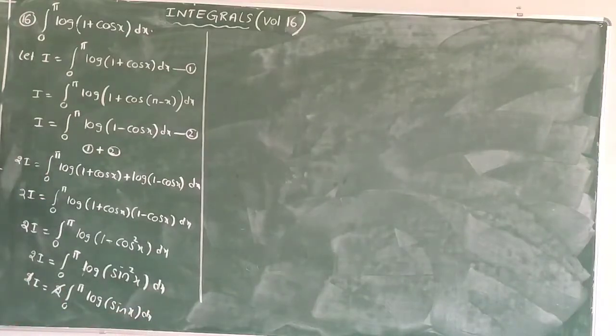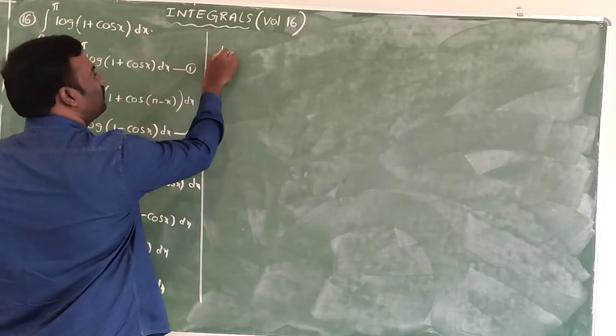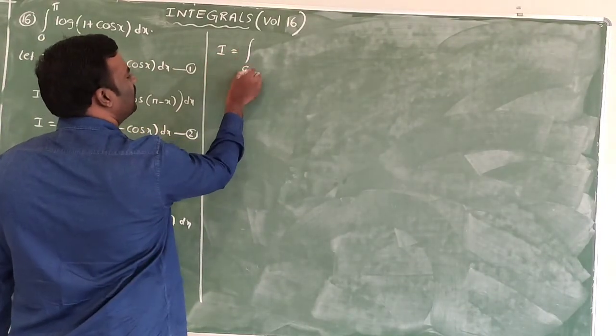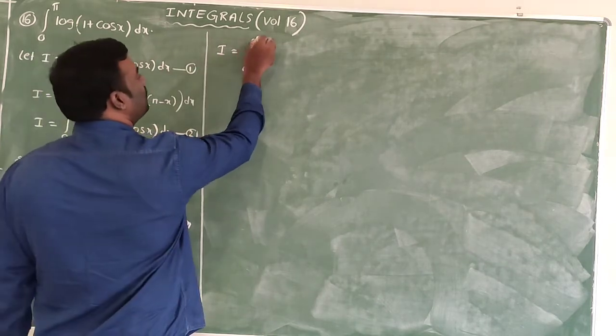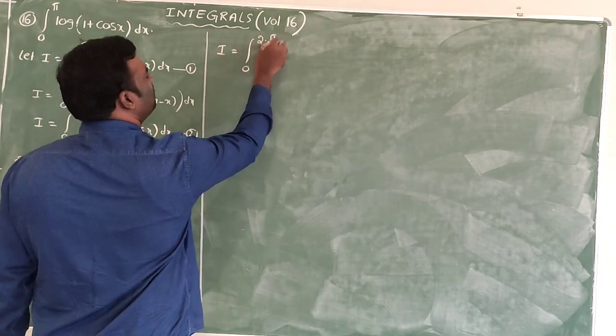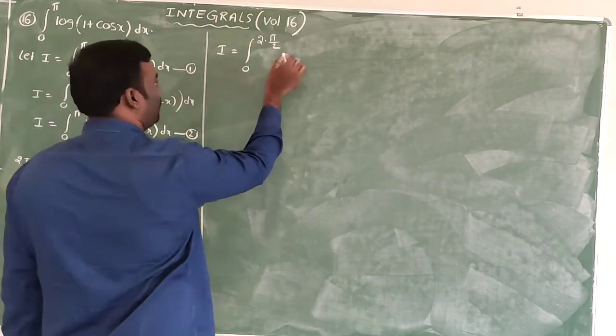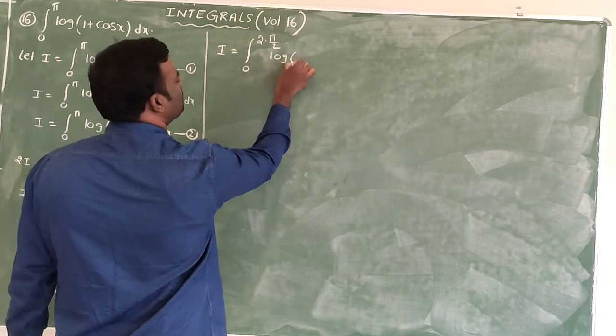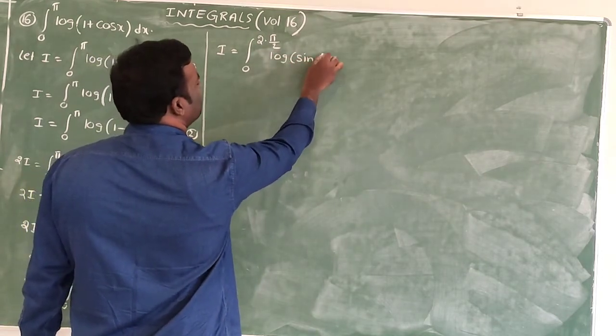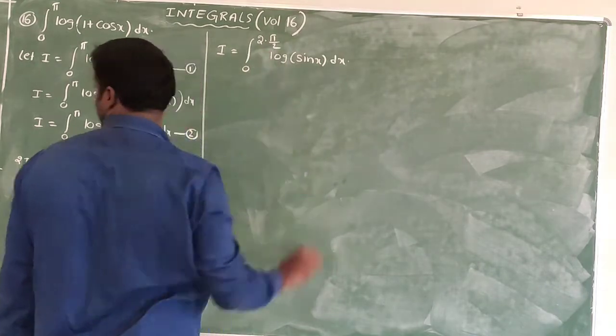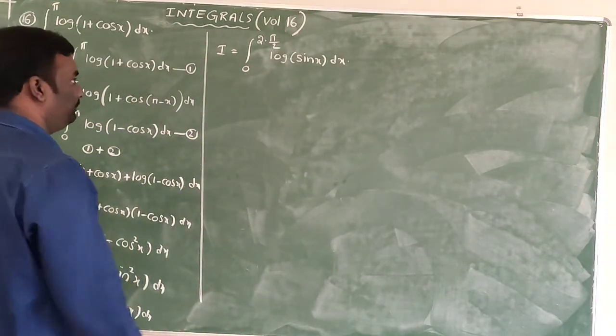Now 2 gets cancelled. Here 2 is in the power, so it comes first. Now I equals the integral from 0 to pi, which can be written as 2 into pi by 2, log sin x dx.